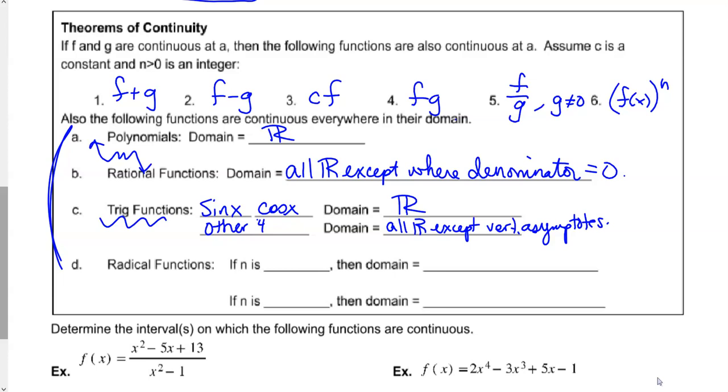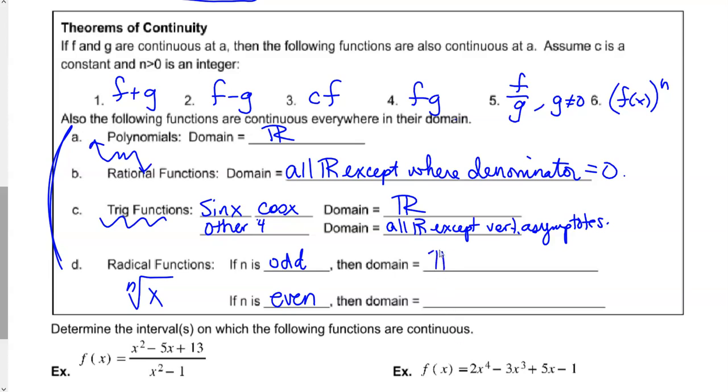Now, a radical function. I'm looking at a radical function as the nth root of x, not just the square root. The square root is n equals 2, and we're going to delineate these by whether that n on the outside is odd or even. So if we have an odd index, the cube root of 8, the cube root of negative 64, the fifth root of negative 1, all of that kind of stuff, you can take the radical of each one of those.